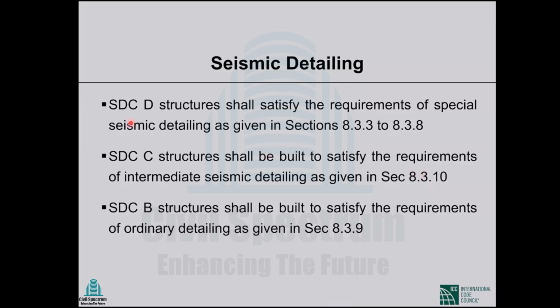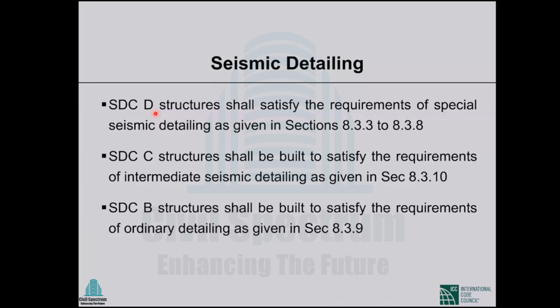Now here you see the detailing: how we are going to design the ties or spirals, the confinements of a column, how we are going to design the stirrups of a beam, what should be the lap length, or what should be the anchorage, things like that.